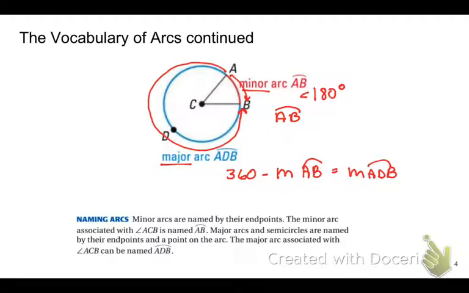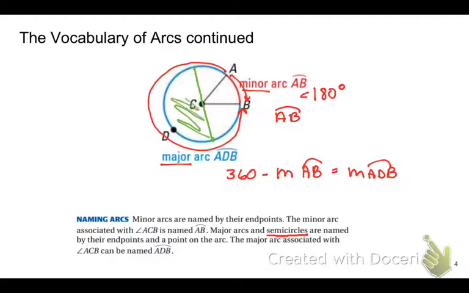Now, a semicircle is defined by a diameter. And remember, a diameter goes directly across the circle, passes through the center, starts at one edge of the circle, and goes all the way to the other. That's the diameter. A semicircle basically divides the circle in half.